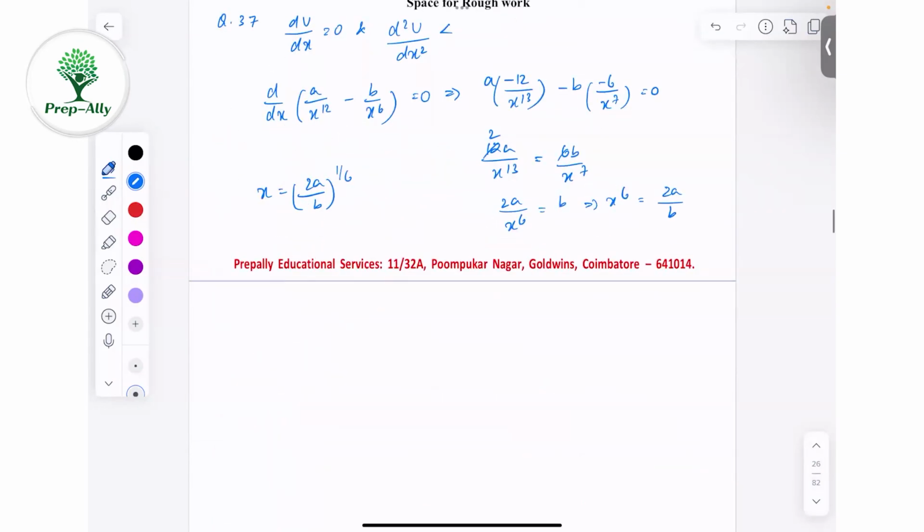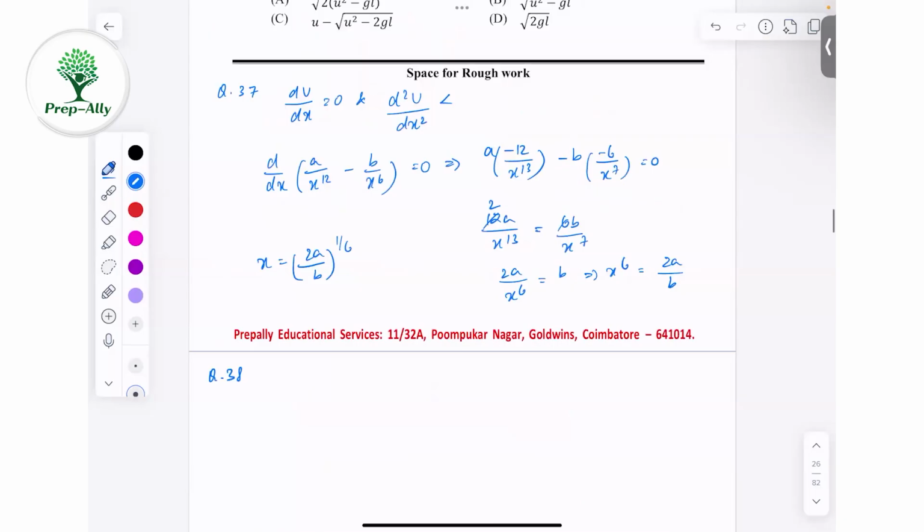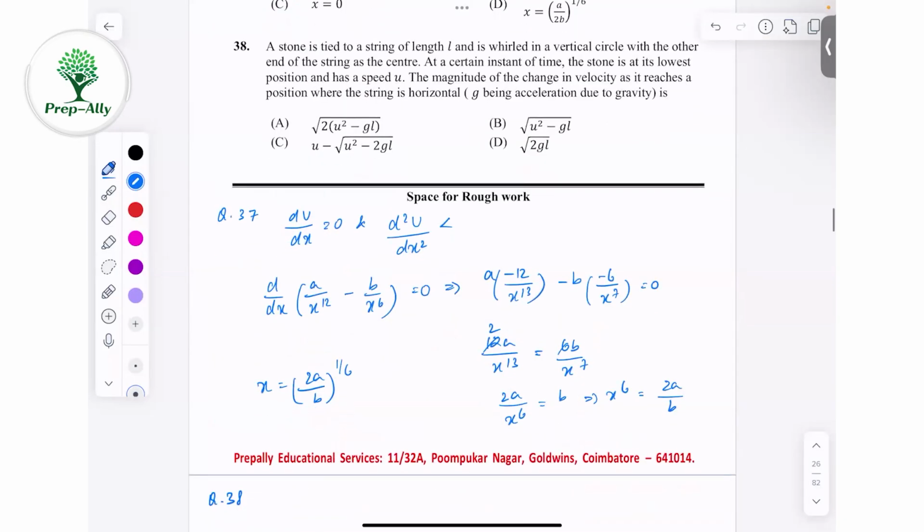Question 38. A stone is tied to a string of length L and is whirled in a vertical circle with the other end of string as the center. At a certain instant of time, the stone is at its lowest position and has a speed u.